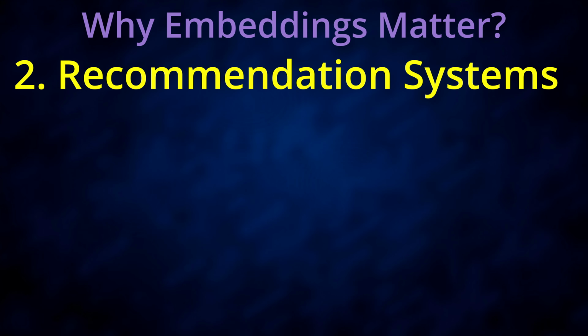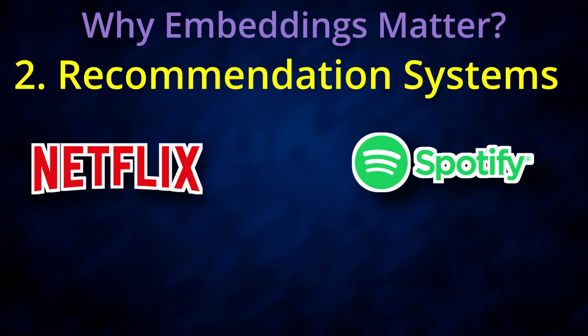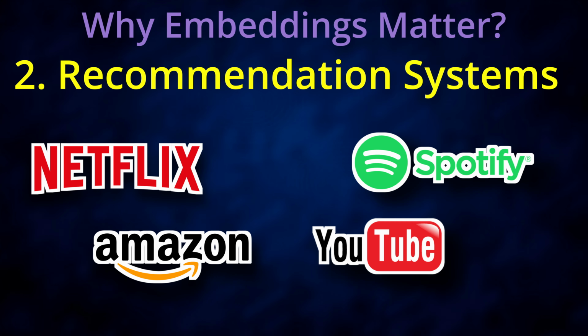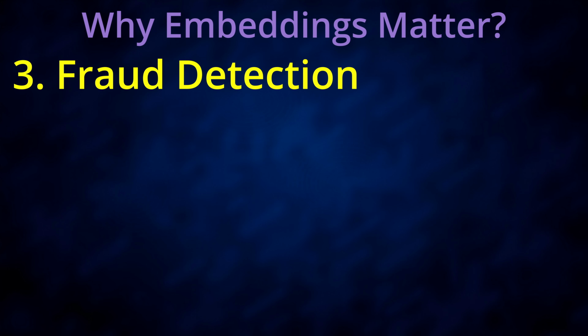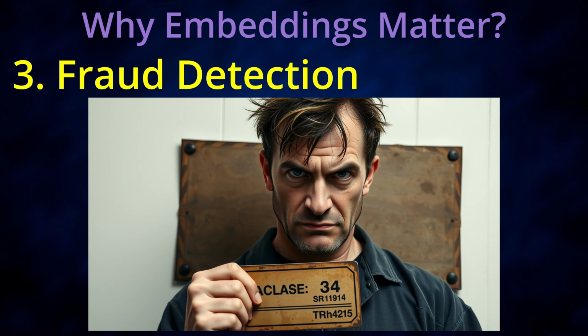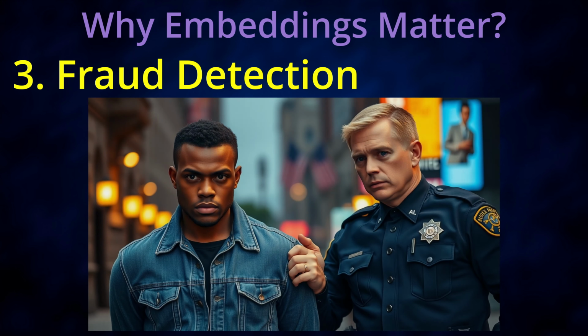Recommendation systems. Netflix, Spotify, Amazon, all powered by similarity between vectors. Fraud detection. Abnormal user behavior leads to a vector that doesn't fit the pattern, leading to automatic flagging.